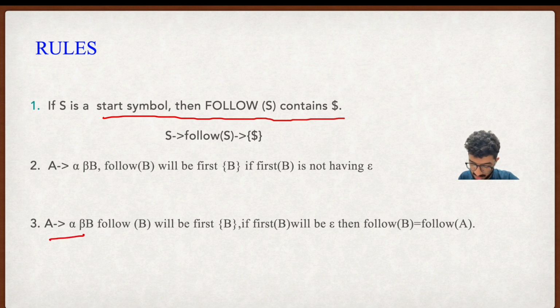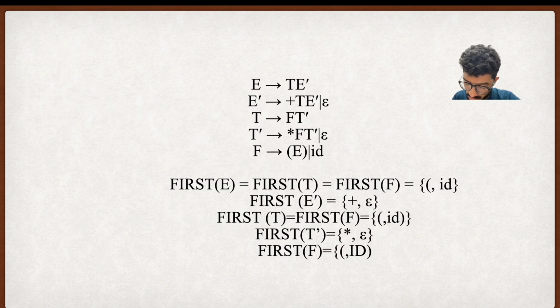If A tends to alpha B, or first of beta contains epsilon, then the follow of B will be follow of A. These are the simple rules which we have to understand before going to the problem. Then we have a small question which we can solve to understand first and follow in detail.